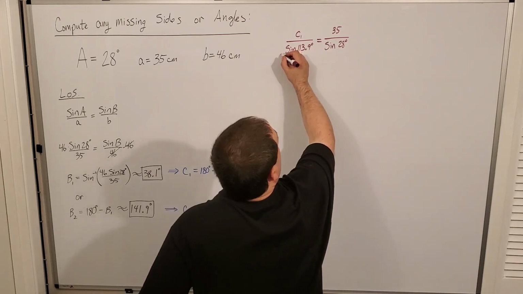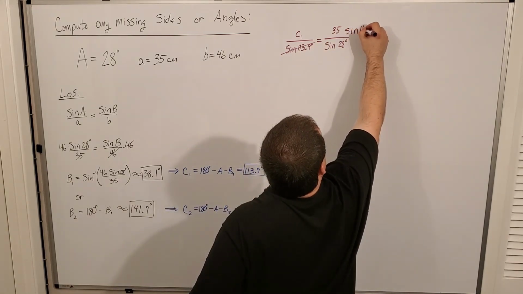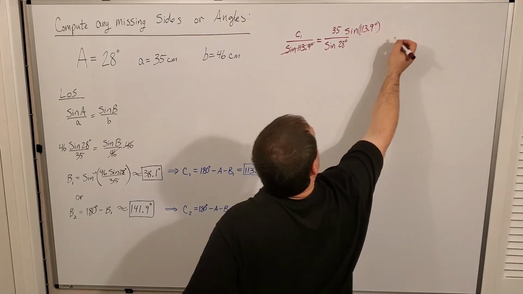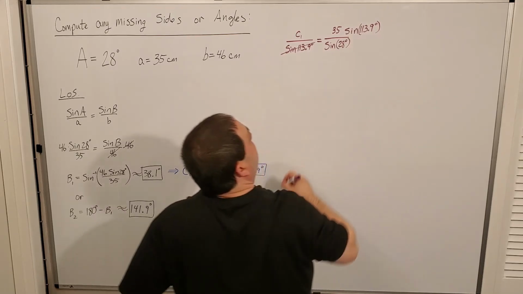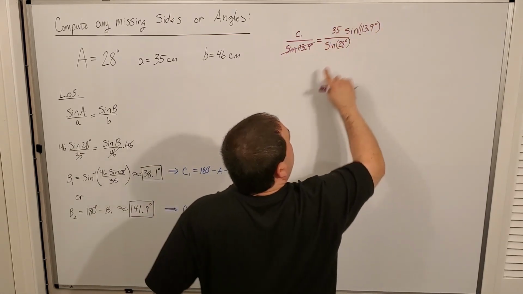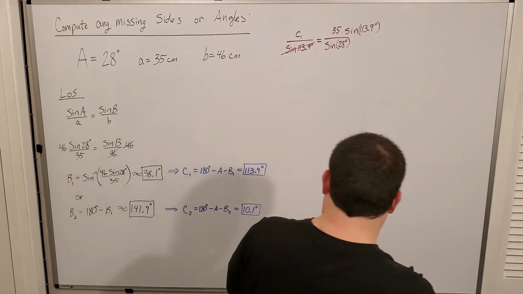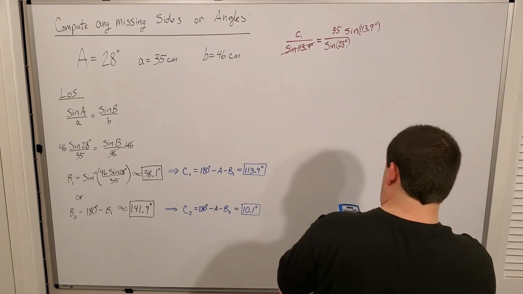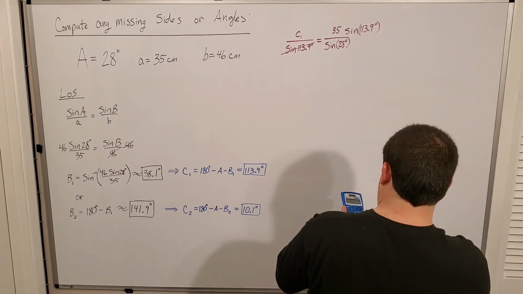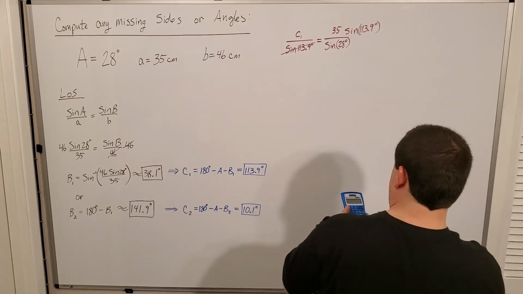Okay, so I'll multiply this to the other side, sine of 113.9 degrees. I'll just put some parentheses there for good measure. So little c1 is going to be equal to this calculation. All right, let's punch that up. I've got 35 sine 113.9 divided by sine of 28.